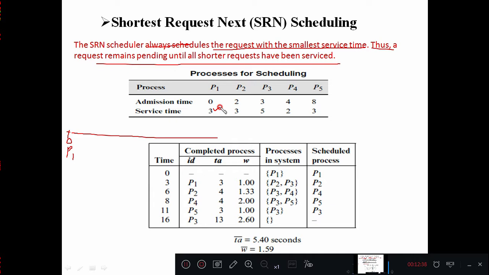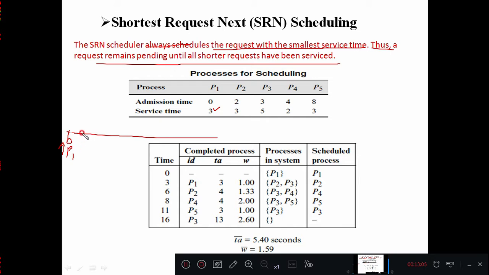P1 itself is the first process entering at 0th second. So the scheduler will consider its service time, which is very small, so that particular process will be scheduled. P1 is entering at 0th second, and its service time is 3, and that itself is considered as the smallest service time or request time.